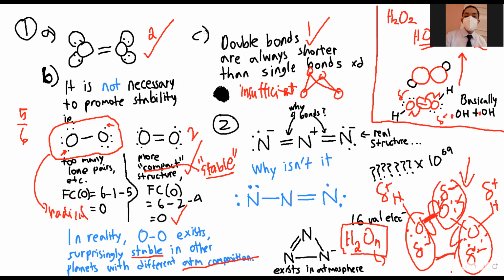Josh, count first. How many valence electrons do you have so far? 2, 3, 4, 5, 6. 1, 2, 3, 4, 5, 6, 7. 7 plus 6 is equal to 13. You're still short by 3.